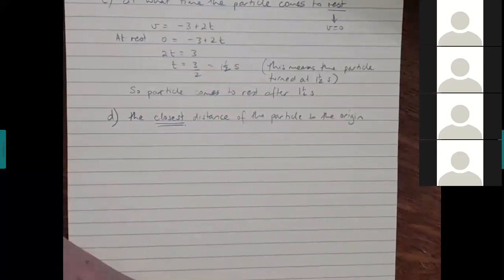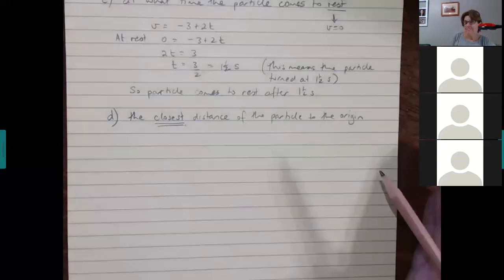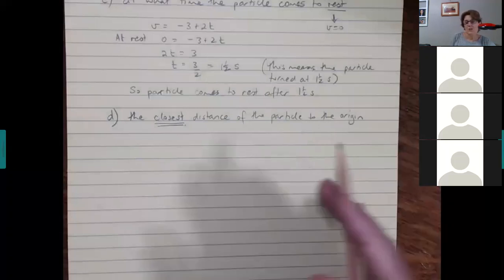Anybody else have an idea of what closest indicates? Another word we've used previously. You know how we go greatest, least, maximum, minimum, closest, furthest?